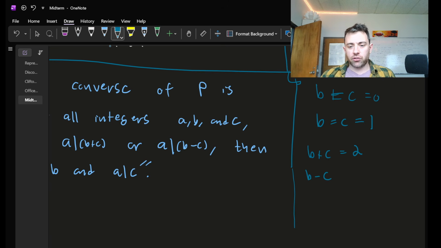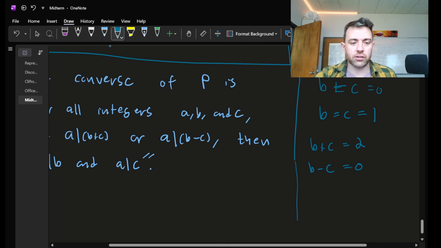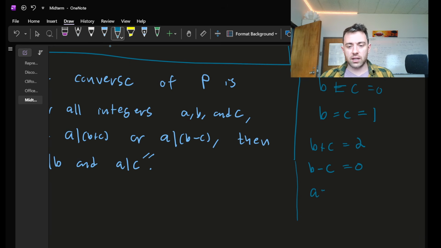B minus C would be 0. Well, actually maybe this would work. So let's ask ourselves, A divides B plus C. What are the numbers that we could take for that? We could take A equals 1, or we could take A equals 2.